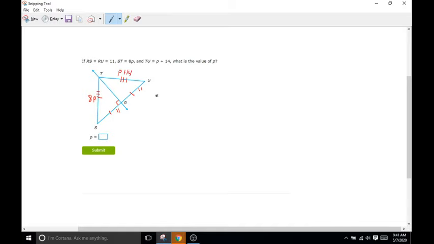What is the value of P? So like I just said, we know that these two sides are equal or congruent. So we're going to set these two values equal to each other because they equal each other, right? So 8P equals P plus 14. And from here we can solve for P.